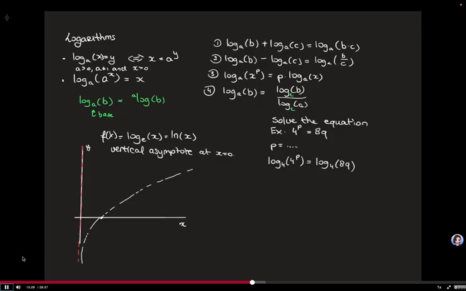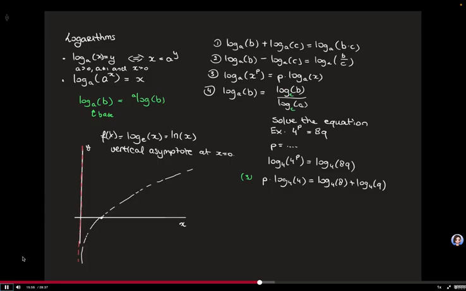Now we can use rule number 3 for the left term. So from 3 we get p times the log base 4 of 4, which is equal to, now we can use rule number 1 on the right side, the log base 4 of 8 plus the log base 4 of q.